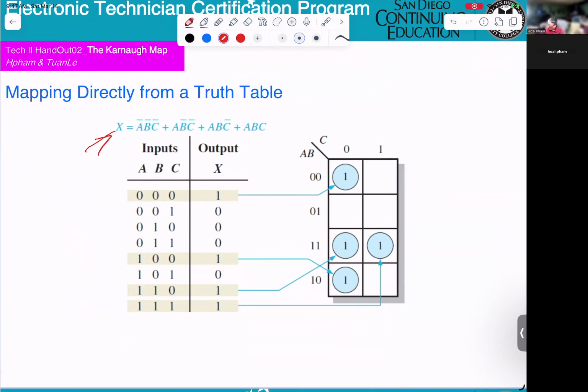And from the truth table here, you can get output I equal 1, 1, 2, 3, 4. Now you can map that into the K-map. So the first one, you can get A naught, B naught, C naught. You get that one.